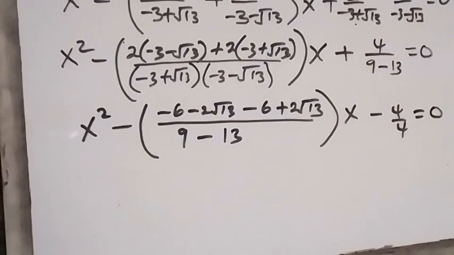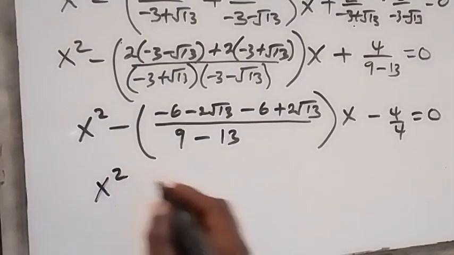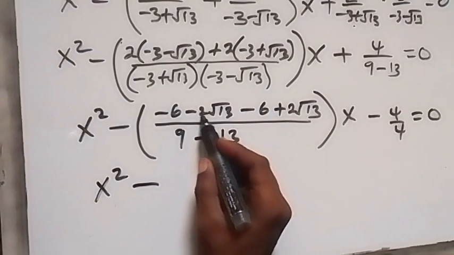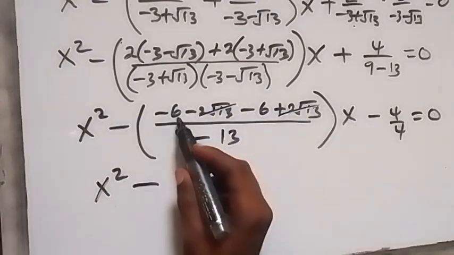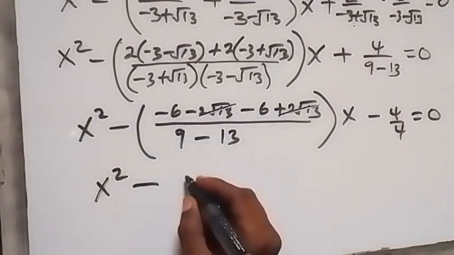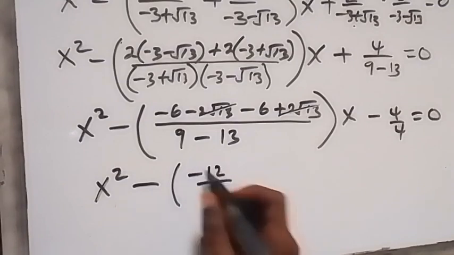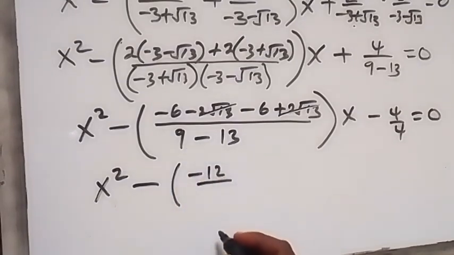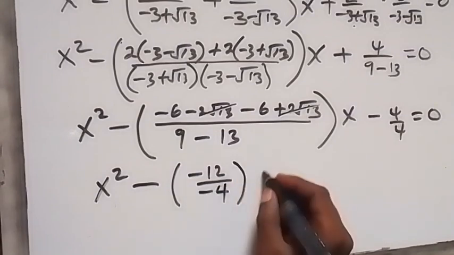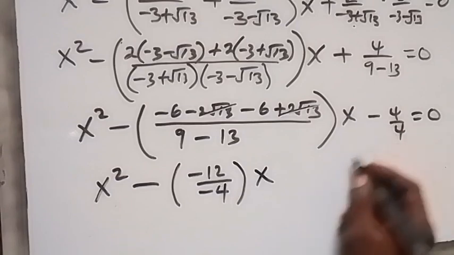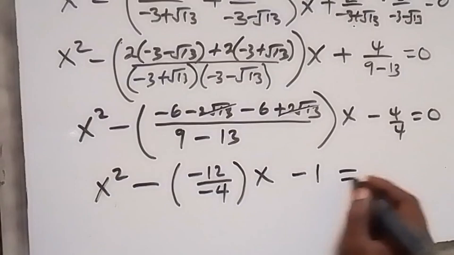And from here, when we simplify further, we have x squared now minus, here minus 2 root 13 cancels plus 2 root 13. And we have minus 6 minus 6. That gives us minus 12. So we have into bracket minus 12 over here. Then minus 13 plus 9 gives us minus 4 as well. Then times x. Then here we have minus 1. 4 over 4, that's 1. Then equals 0.